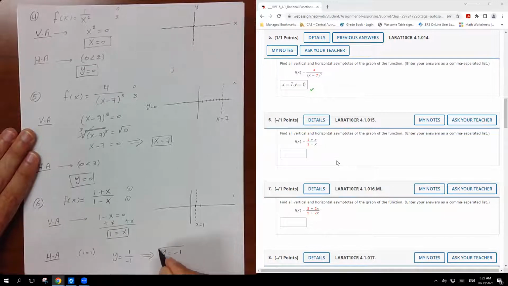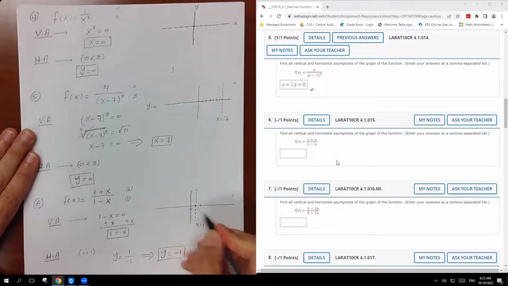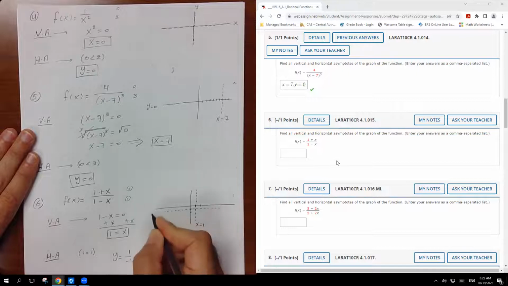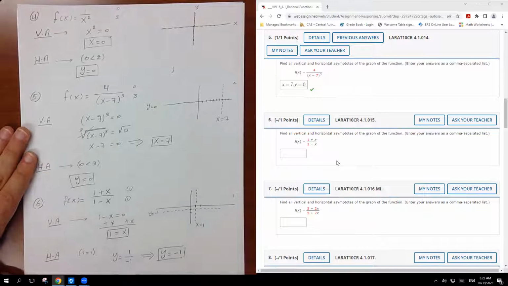So here is the horizontal asymptote, y equals -1. You see here is -1, and here is -2. So there is a dashed line here at y equals -1. This is the horizontal asymptote.